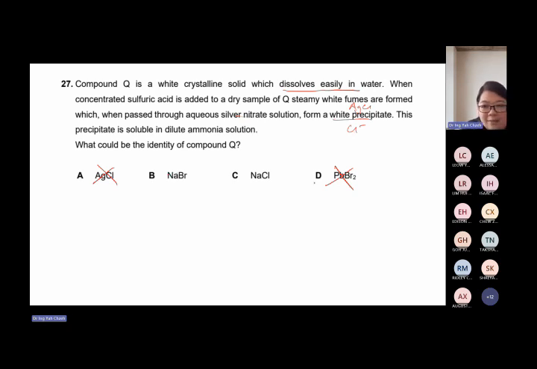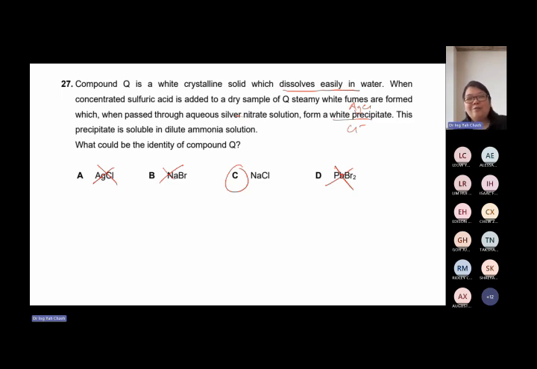So look at B and D. Both also have bromide or bromine, so they won't form a white precipitate with silver nitrate. Now I got my answer. The answer is C. Unless you cannot remember what precipitate is silver chloride, you don't know it must be because of chlorine, you have to go through the last one. This precipitate is soluble in dilute ammonia solution.